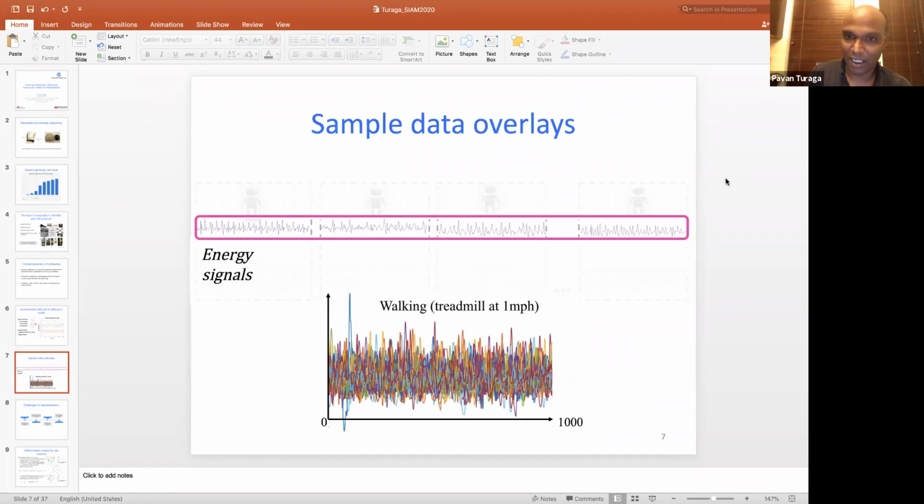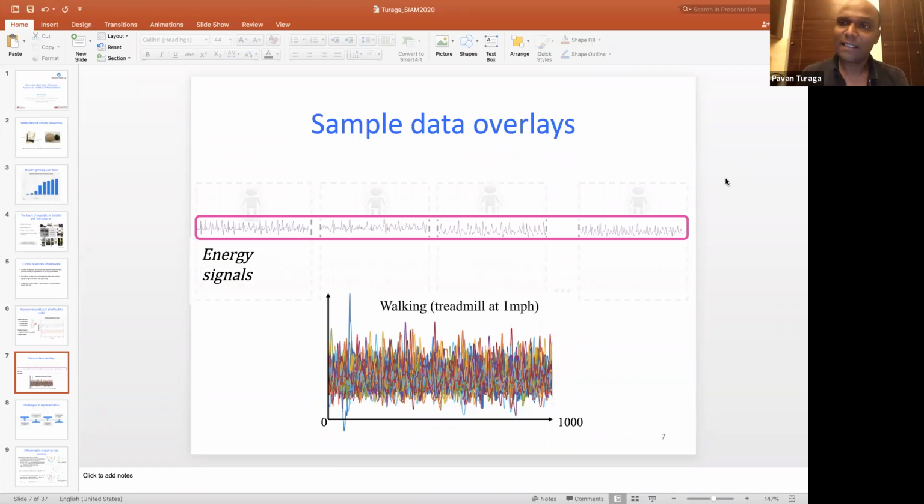One of the first entry points we had into the space is through the lens of understanding sources of variation and variability. It is very well understood in human activity modeling that the same action performed by the same person at a different time of day will give rise to slightly different signal recordings from an accelerometer or even from motion capture.